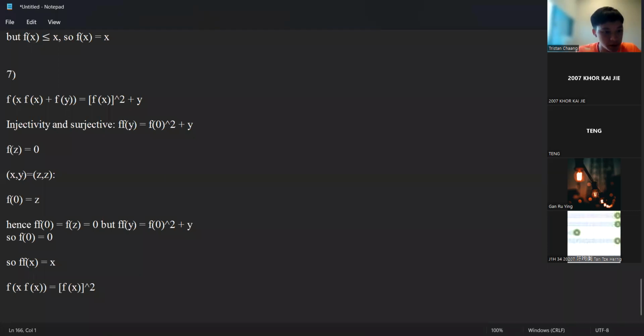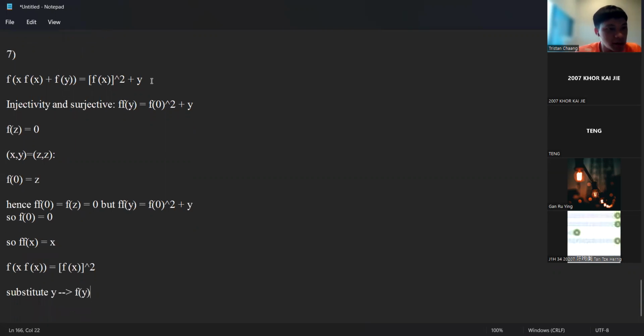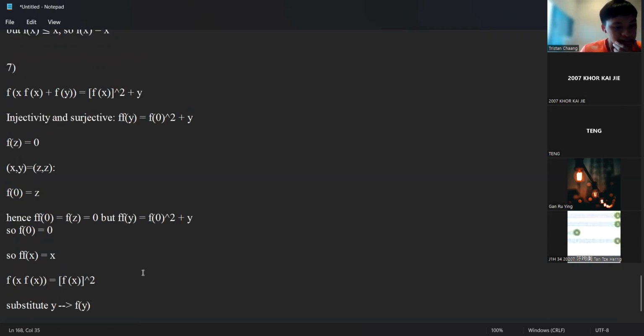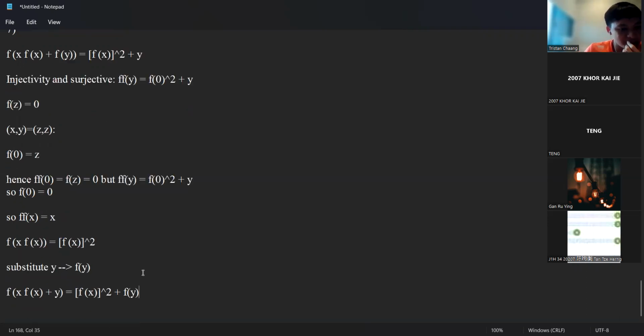Oh, and substitute y to be fy. Very, very interesting. So this would become, of course, this is y, this is fy. And this is very similar to Cauchy.